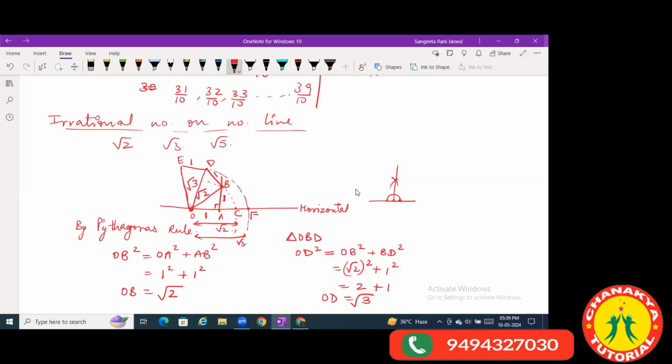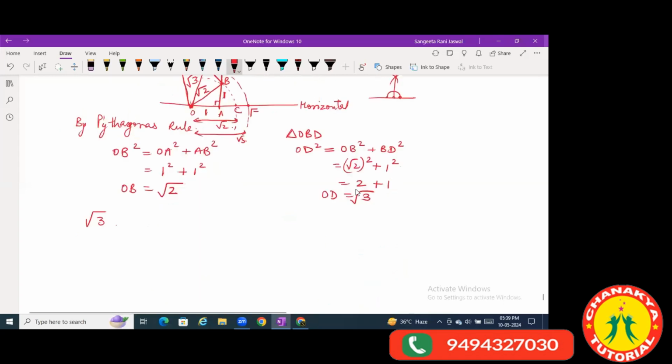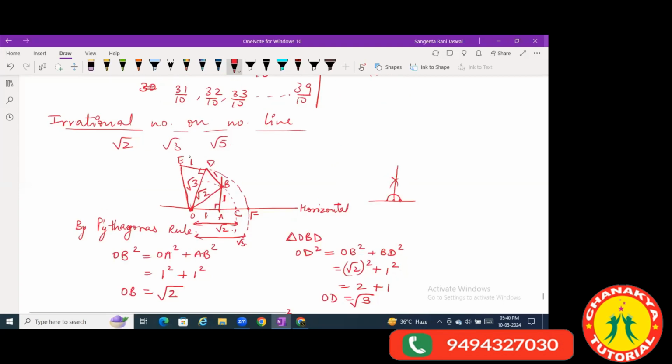Similarly, to find root over 4, we all know it's 2 only. So again, with the Pythagoras property, take a perpendicular distance here. Now you have another right angle here, from O to E. So OE square will be OD square plus ED square.